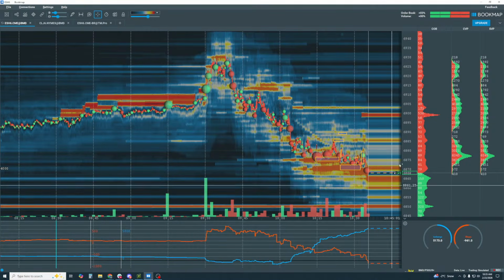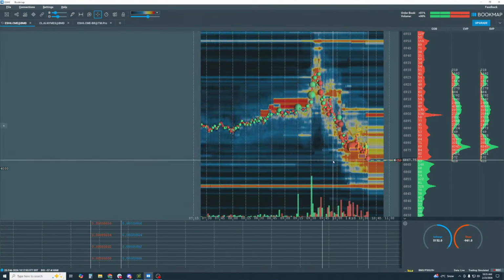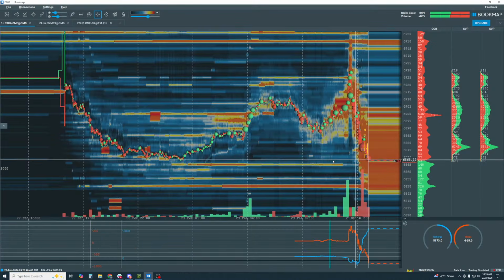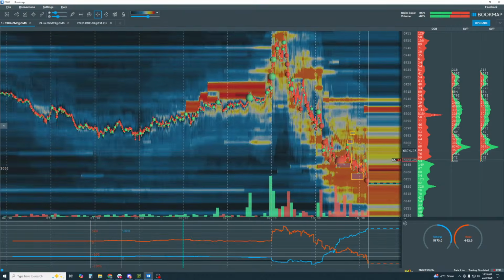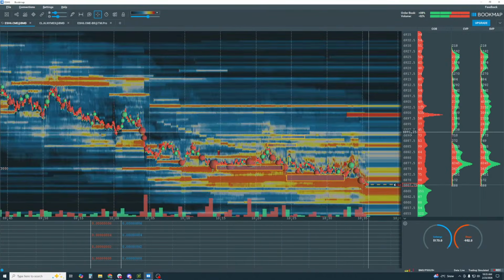Here's our liquidity way down here at 50, right? It's been in there for a while. There's liquidity here at 65, which was pulled, but down at 50 is looking pretty good as a nice target.